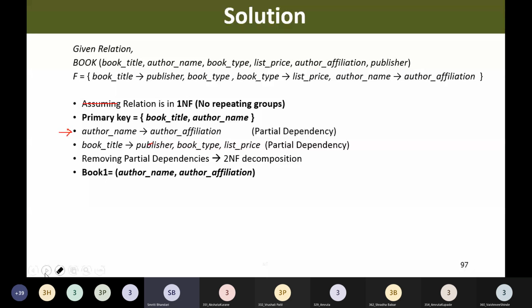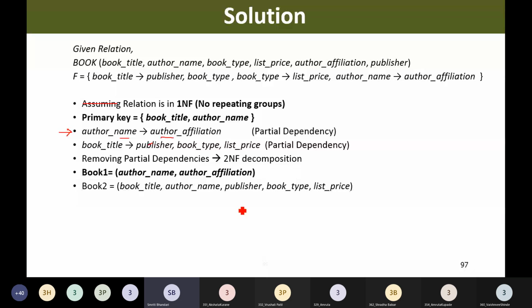Book 1 is the relation wherein we have attributes author name and author affiliation. So we are exploiting this partial dependency, and we have used that.